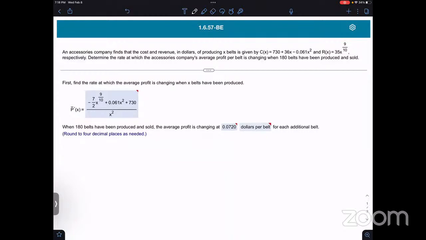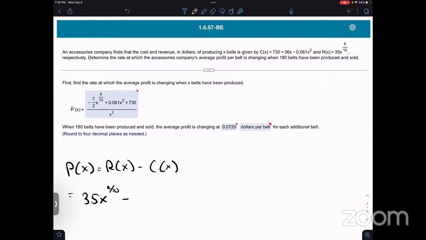So a profit function is going to be our revenue function minus our cost function, right? So our revenue function, we have 35 x to the power of 9/10, minus the cost function. Now I'm going to go ahead and distribute my negative.